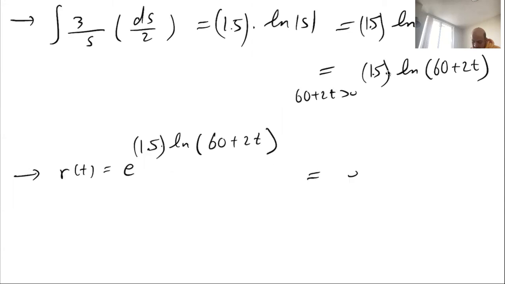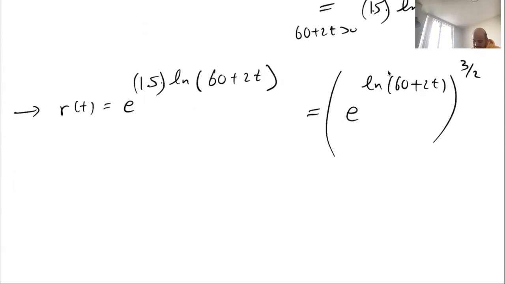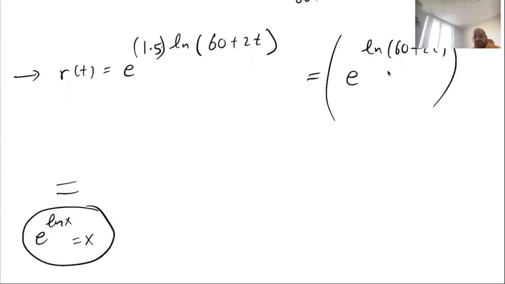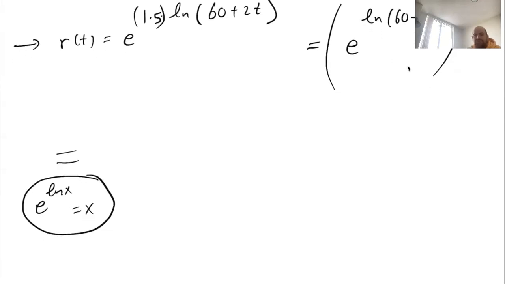And we can write this one as e to power ln of (60 plus 2t) to power 1.5. Power 1.5 means 3 over 2. And then e to power ln x is x. The basic identity you learned in pre-calculus.